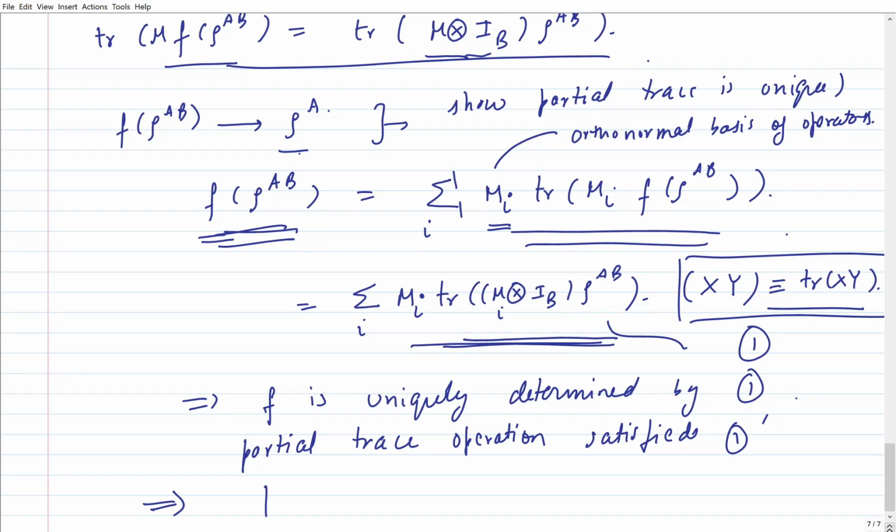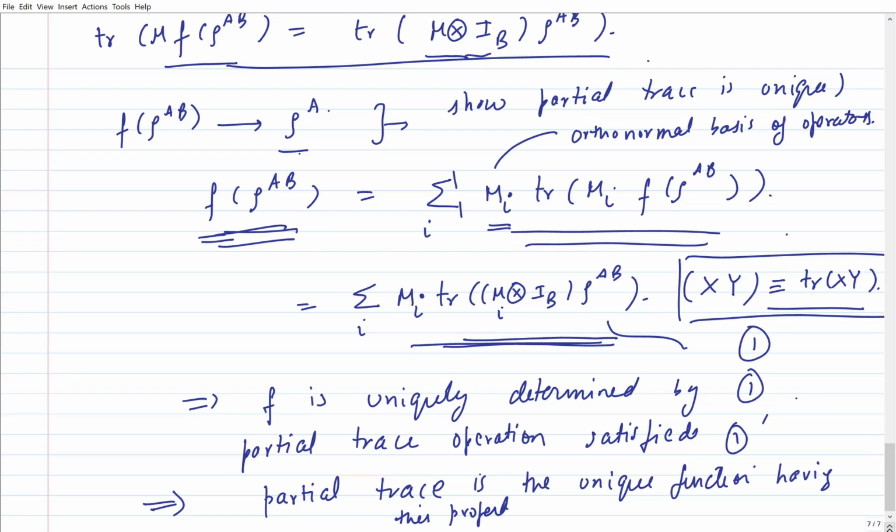So this implies, comparing 1 and 1 prime, partial trace is indeed the unique function having this property. Thank you.